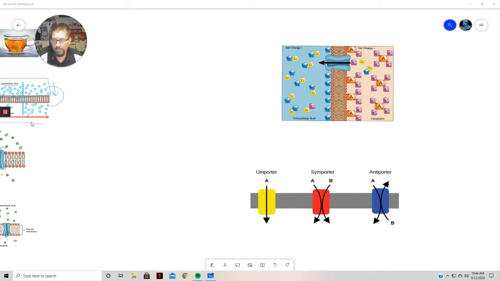Plasma membrane, highly selective, semi-permeable, which means it can control what comes in and out of the cell through recognition and through carrier proteins that are highly selective for particular things, and it's a great security check and balances for them.